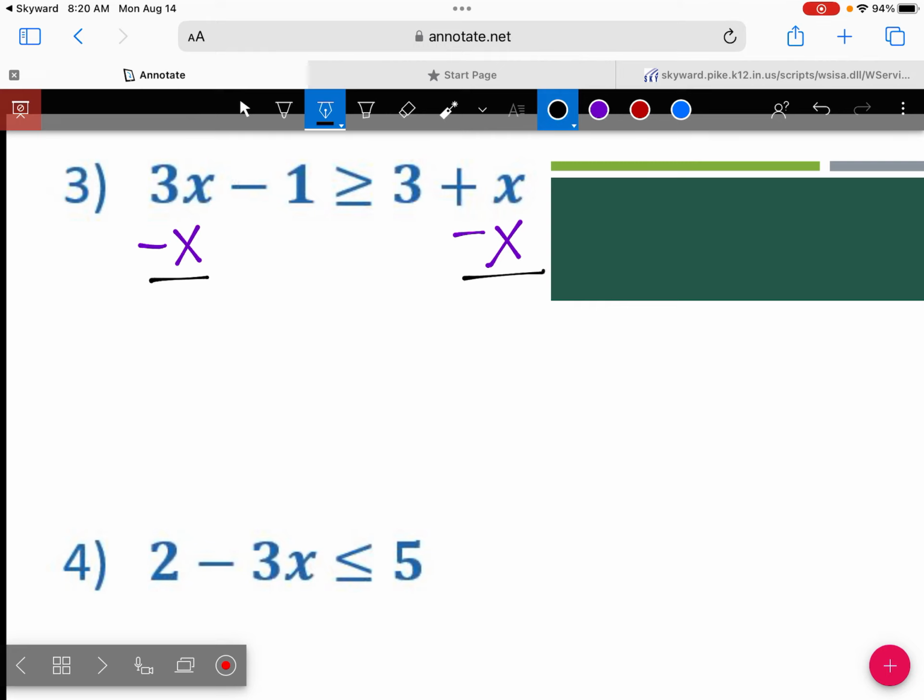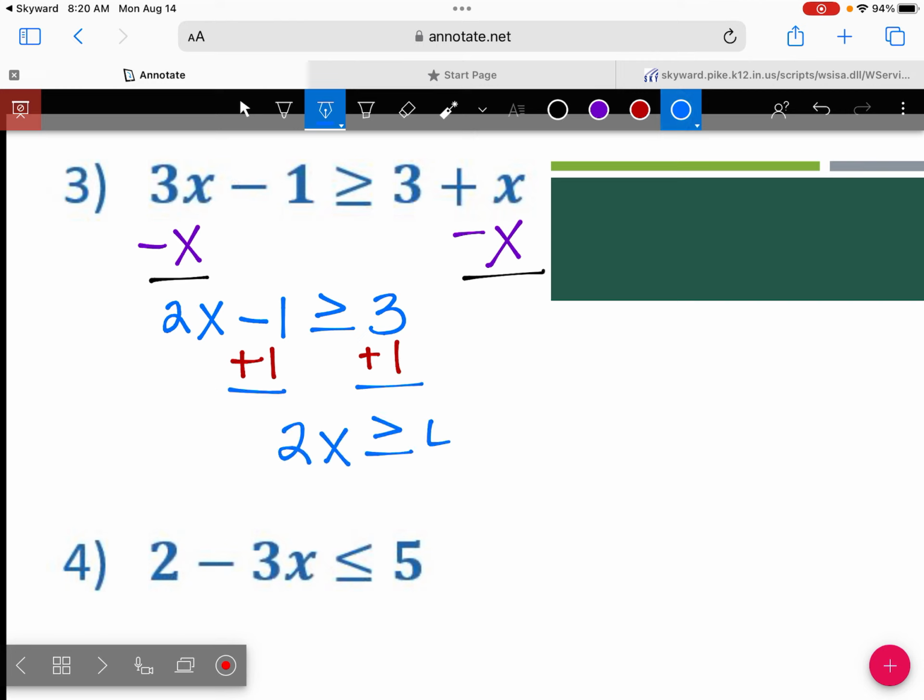And that gives you 2x minus 1 is greater than or equal to 3. And then I'm going to add 1. So 2x is greater than or equal to 4. And then lastly, I'm going to divide by 2. So my inequality is x is greater than or equal to 2.